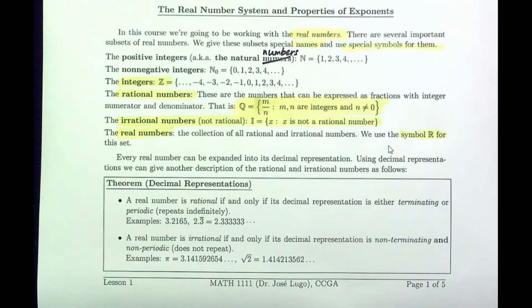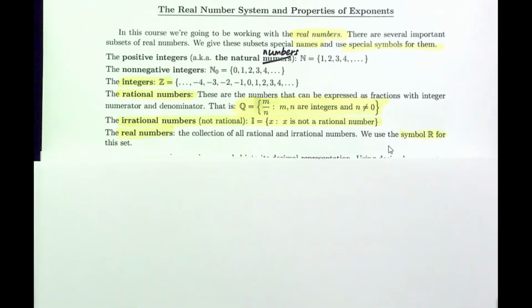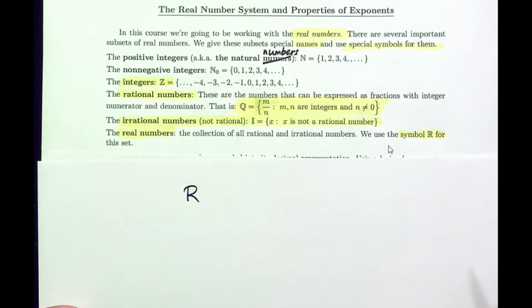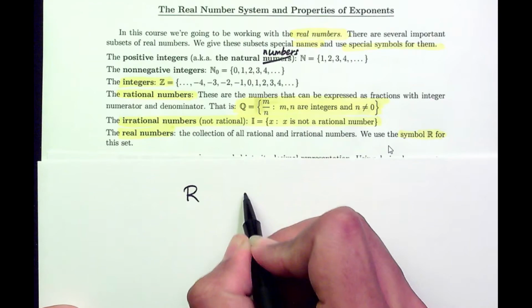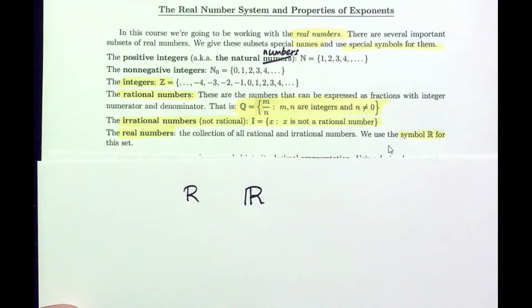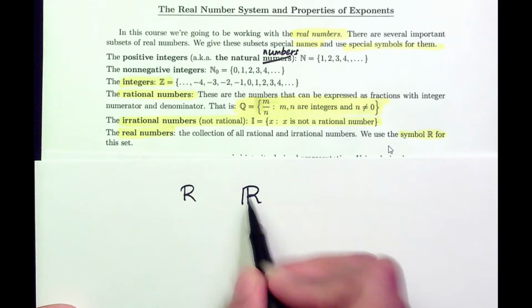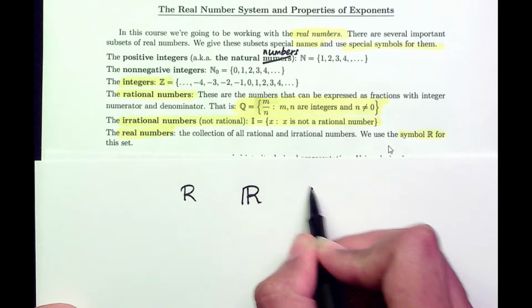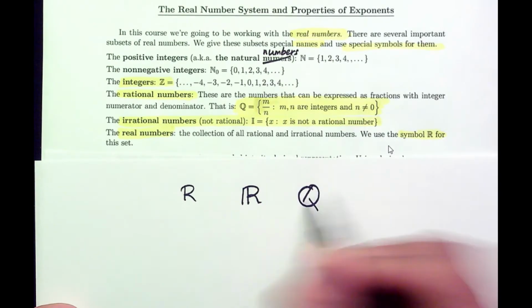And if you're writing these symbols by hand, the symbol for real numbers is not just a plain old R. It's actually an R that has two sticks on the left. So R, and then for Q, rational numbers, like that.